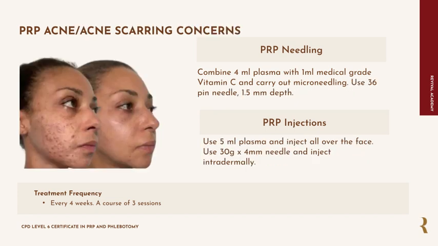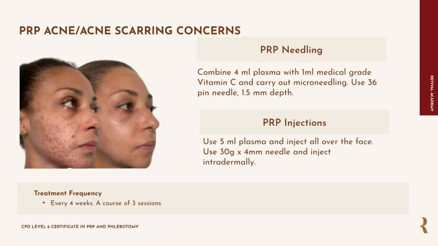And then PRP for acne or acne scarring, any type of concern that's got to do with acne or breakouts or any scarring that is left from that, you would still want to do the needling as well as the injections. And for the needling, it's pretty much the same with 4 ml plasma and 1 ml medical grade vitamin C. But in this case, you are going to go a little bit deeper, on a 1.5.